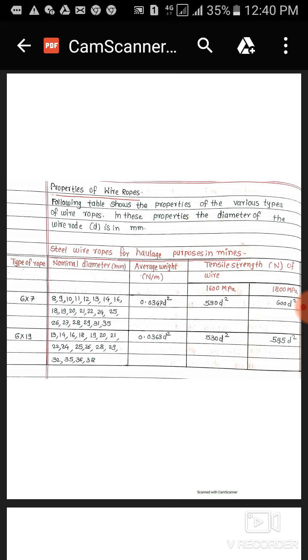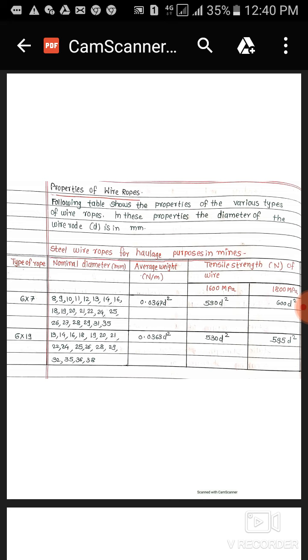This first table is related to steel wire ropes for haulage purposes, which are used in mines, and the type of rope used becomes two different types, that is 6 by 7 and 6 by 19. We already discussed the designation of this 6 by 7 in the previous lecture.